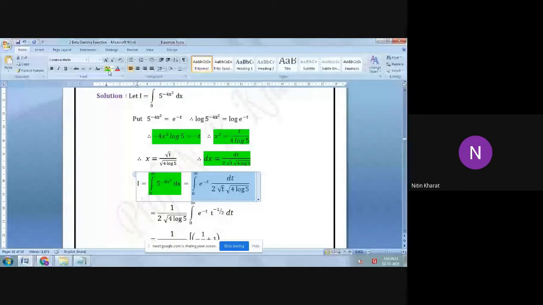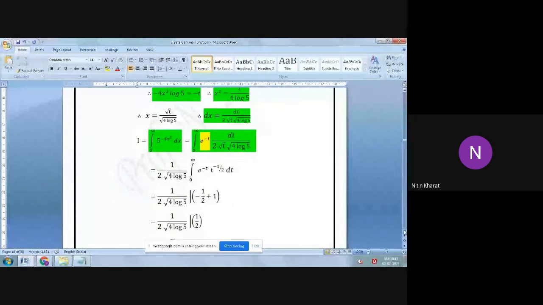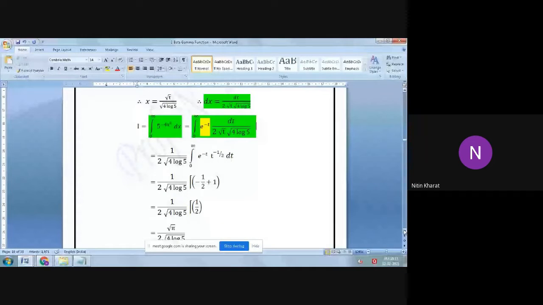5 whose index is minus 4x square is equal to e raised to minus t. This is the value of the given term, and the value of dx is dt upon 2 times root t multiplied by root 4 log 5. Then we have to take the constant terms outside the integration. 2 is constant, under root 4 log 5 is a constant, and at the same time we have to shift t raised to half.